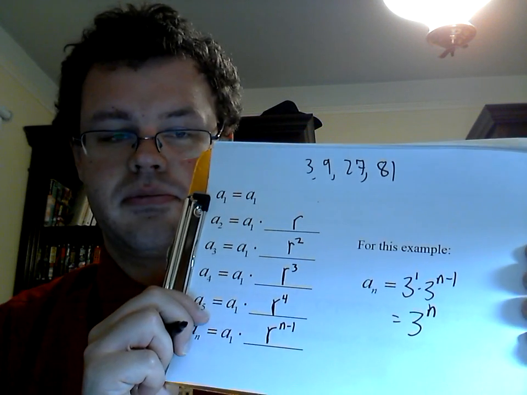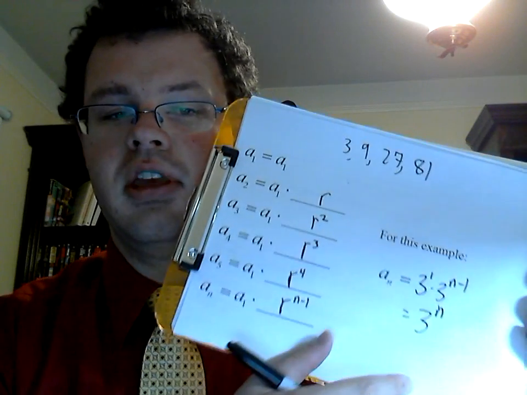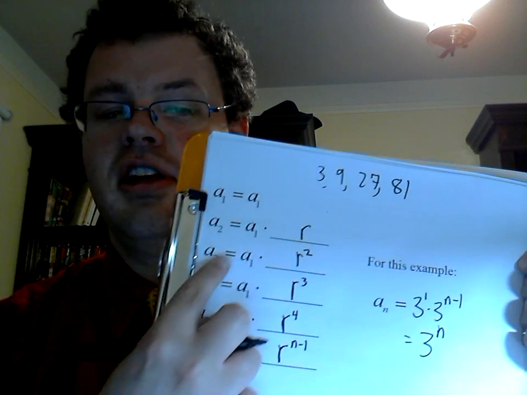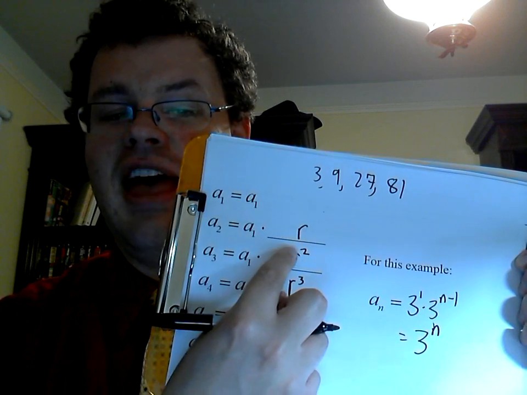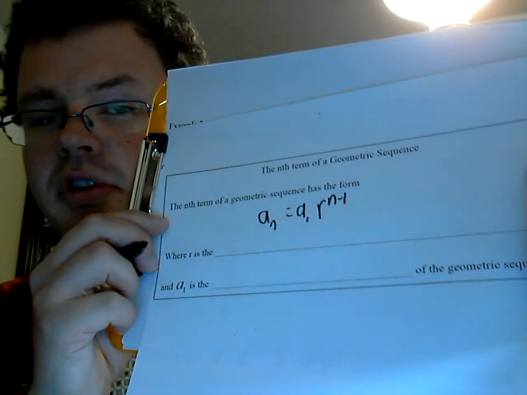So we're good. So our general formula, if we have a geometric series that starts with a1, has this constant ratio of r, is going to look something like, what's it going to look like? a sub n equals a sub 1, r to the n minus 1. Right, that's what we just derived.